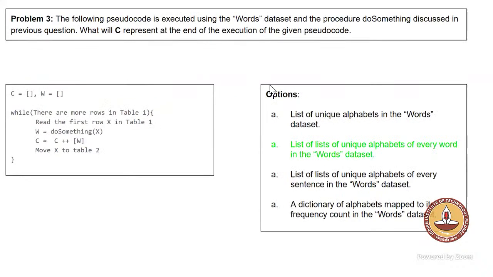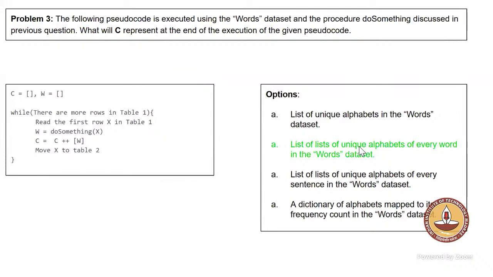The question is: the following pseudocode is executed using the words dataset and the procedure do something discussed in the previous question. What will C represent at the end of the execution of the given pseudocode? Okay, is the explanation clear? Actually, ma'am, C is nothing but a list of lists.